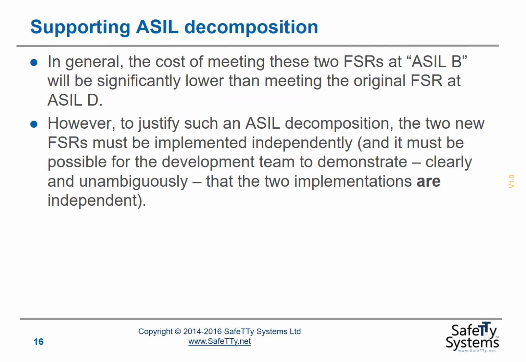So in general, the cost of meeting these two FSRs at ASIL B is expected to be significantly lower than meeting the original FSR at ASIL D. However, to justify such an ASIL decomposition, the two new functional safety requirements must be implemented independently, and it must be possible for the development team to demonstrate clearly and unambiguously that the two implementations are independent. So we need two independent implementations of these decomposed FSRs.